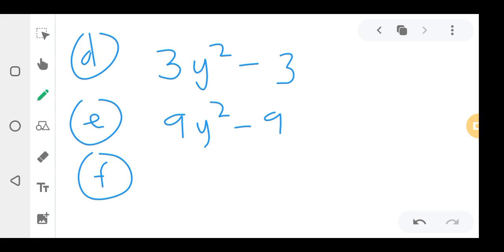Question F: c squared minus 1. G: f squared minus 1.